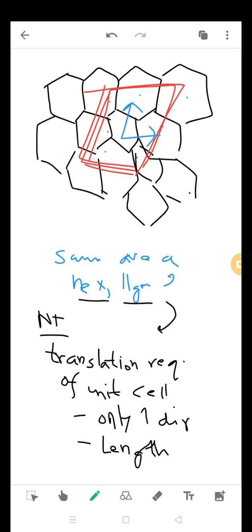Now, the second thing that is important in the case of nanotube mechanics is the relationship between a translational vector and a chiral vector.